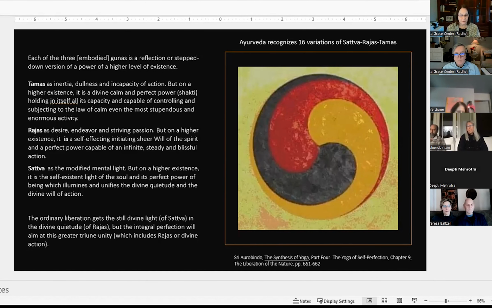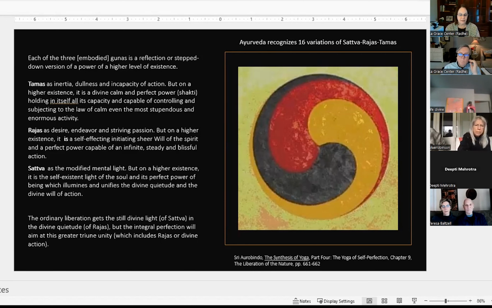So this is a little different than what we typically would define tamas as. But what Sri Aurobindo is alerting us to is that, yes, as these gunas play out in manifestation, their lower qualities come out. But at a more spiritual level, we actually have divine qualities around each of them.